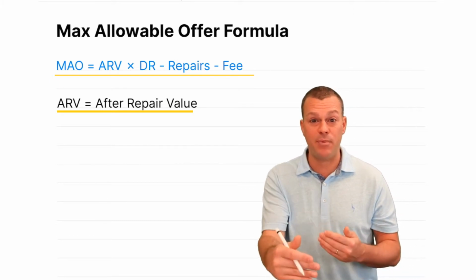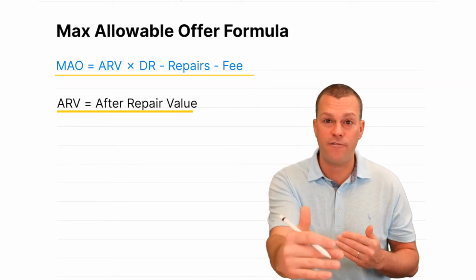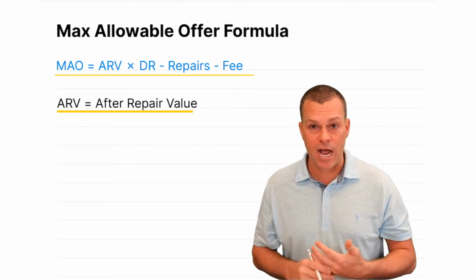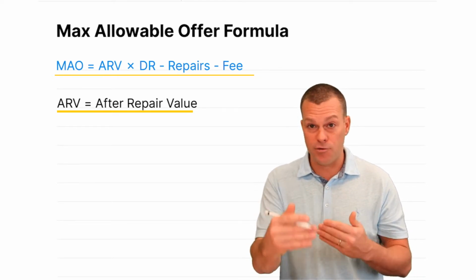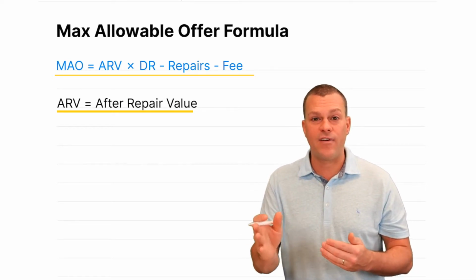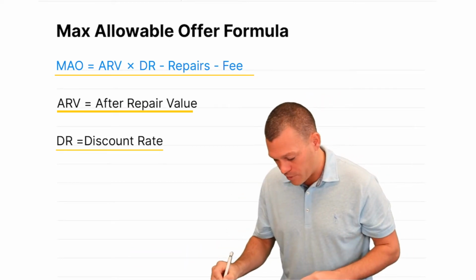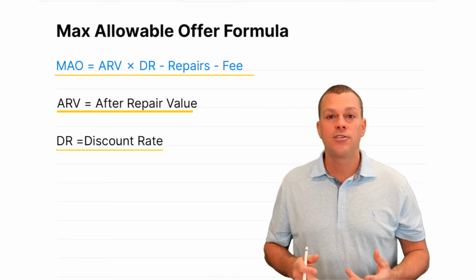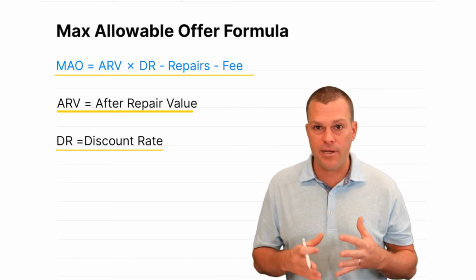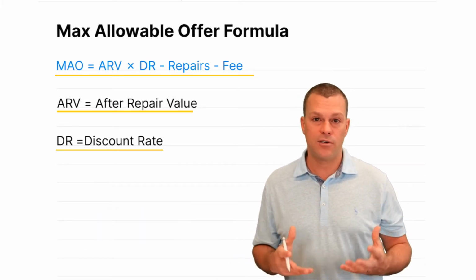Okay, so once we get beyond the fact that we're looking into a future value of this property, we're gonna do so by running comps, then we're gonna factor in a discount rate and repairs. Okay, so the next step in this formula will be our discount rate. So the discount rate is typically gonna be around 70%, and here's why.